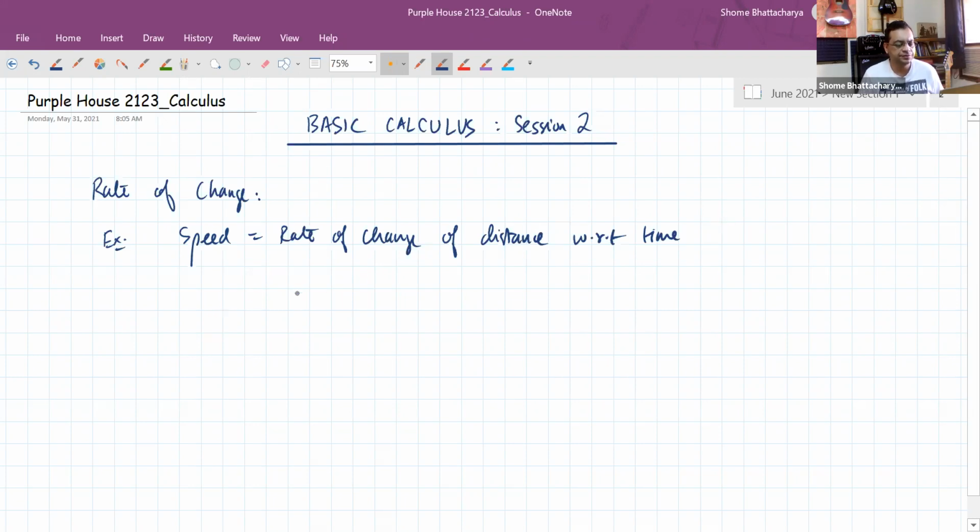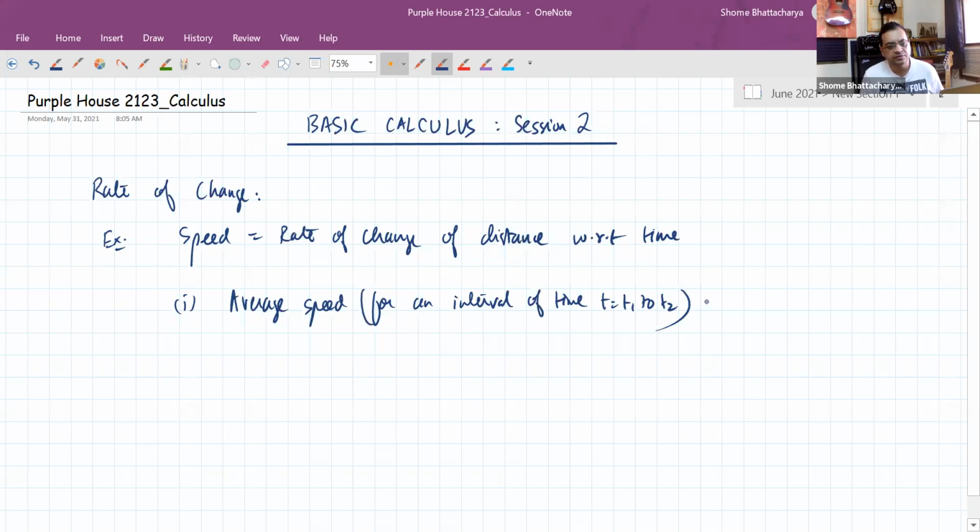However, we talk about two types of speed. We talk about average speed. This is defined for an interval of time, say t equal to t1 to t2.